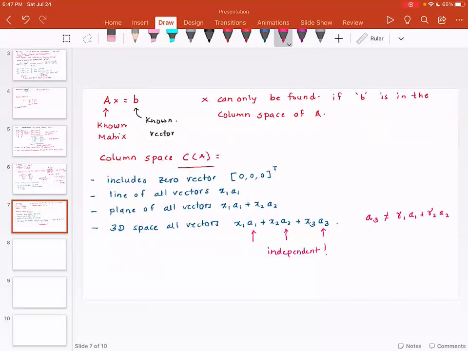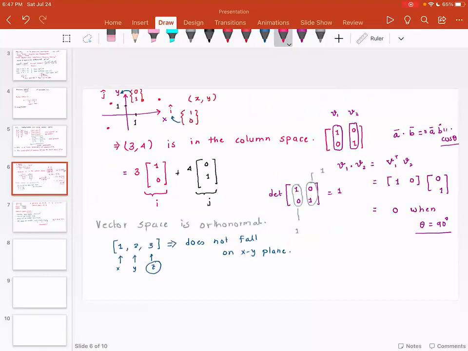Now, the next important concept is how do we find the basis? And just to recap, in the last lesson or last slide, we said we try to express this entire plane using two basis vectors. So I and J are nothing but basis vectors. So how do we establish the basis vectors?